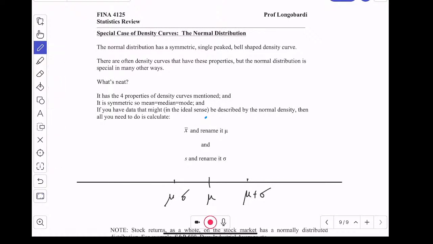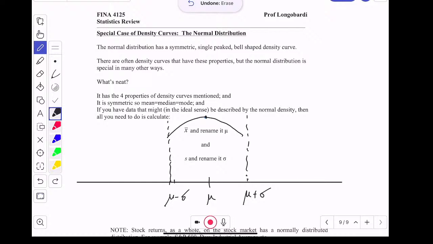But in particular, a normal distribution was developed by statisticians so that it's precisely at an inflection point that the first standard deviation occurs.